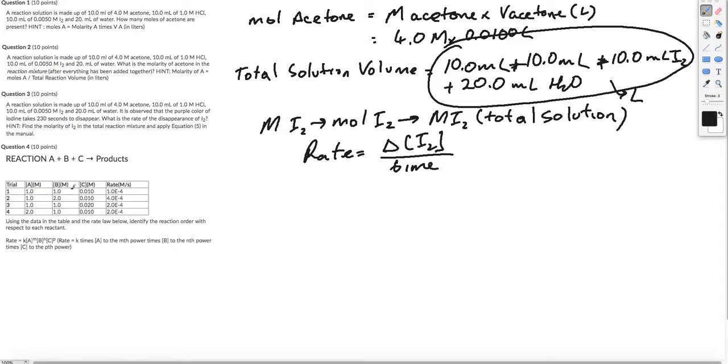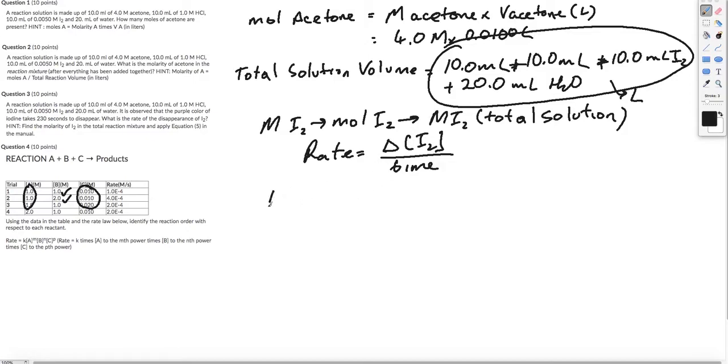So let's say this is B here, and what I see here is we've got 1.0 and we've got 2.0, but you can see everything else is the same. We've got 1.0, we got 0.010 over here, and this is for our A and C. Of course the rates won't be the same, or they may or may not be, but in this case they're not.